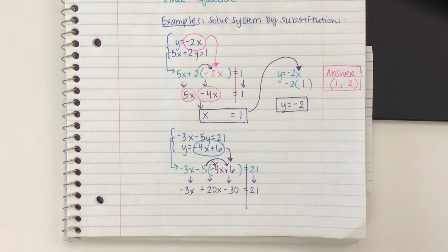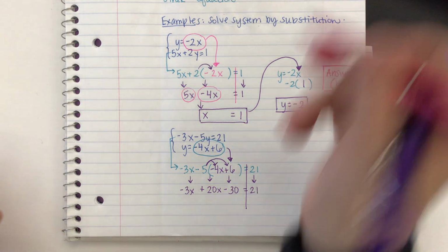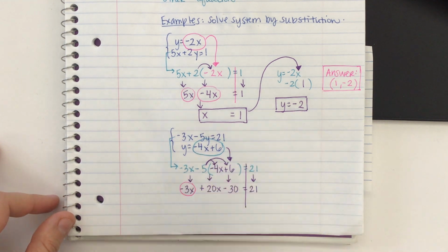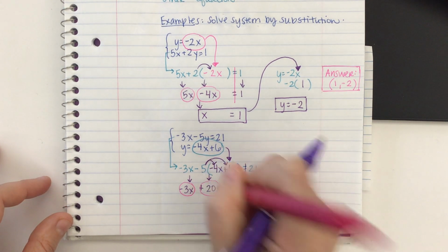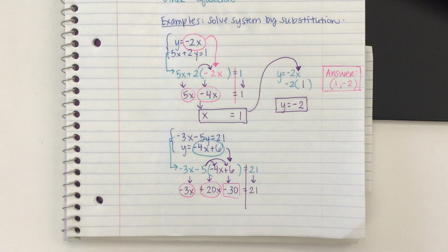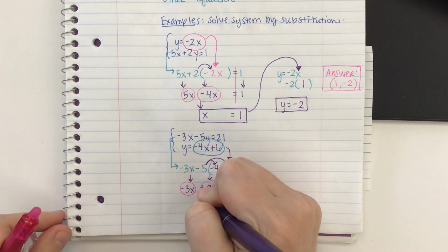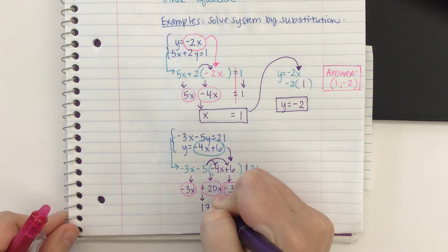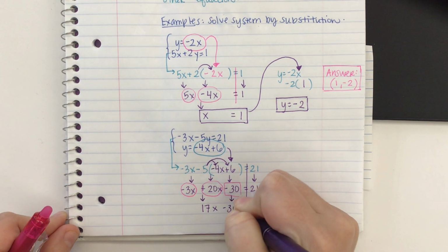So this goes back to when we did the shapes, the circling, the boxing, and the triangles of the same things. So I have a negative 3x right here, and I have a positive 20x right here, and then I just have a number at the end. When I combine negative 3x plus 20x, I get positive 17x, and then I bring down everything I didn't use.